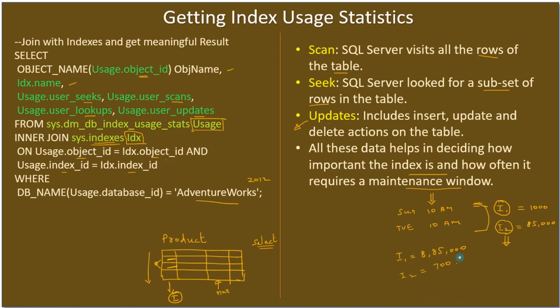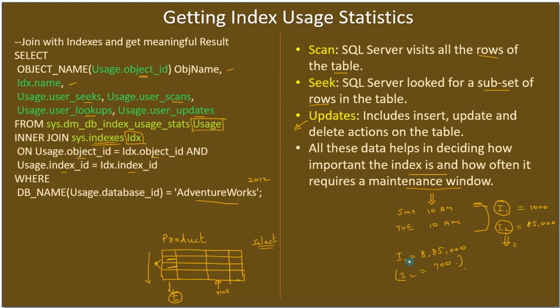So here scan is very low, but the insert and update operations are taking place very frequently. That means this will get fragmented, and at the same time there is less scan, so you will not be getting the advantage of using the index.